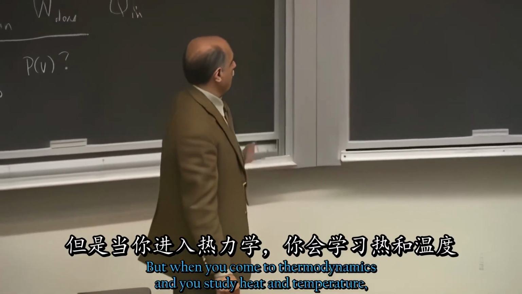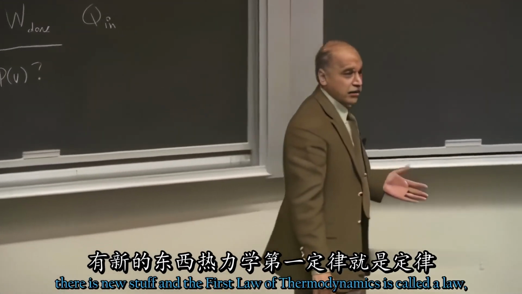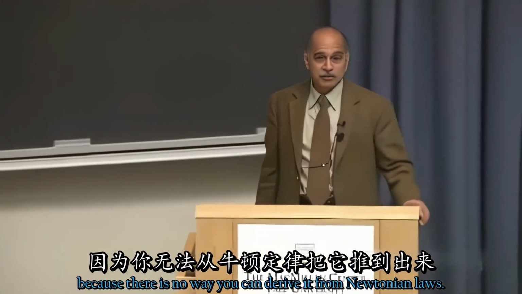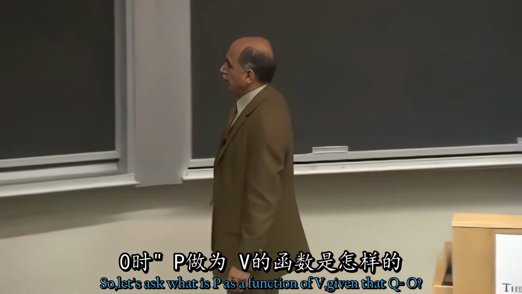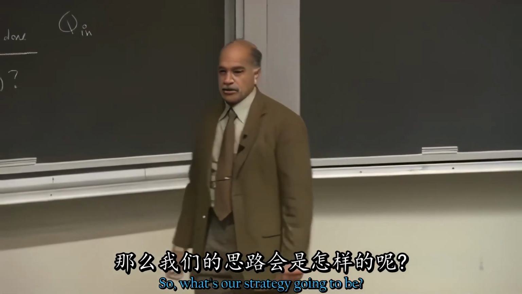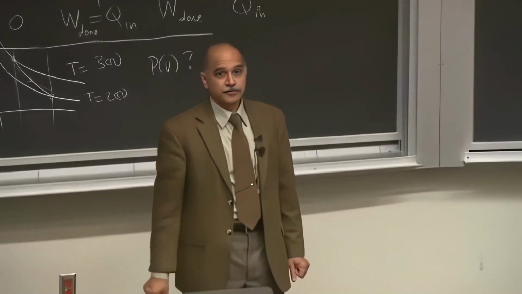But when you come to thermodynamics and you study heat and temperature, there is new stuff. And the first law of thermodynamics is called a law because there is no way you can derive it from Newtonian laws. It's a new concept. So let's ask, what is P as a function of V, given that delta Q is 0? So what's our strategy going to be? How would you even begin this?